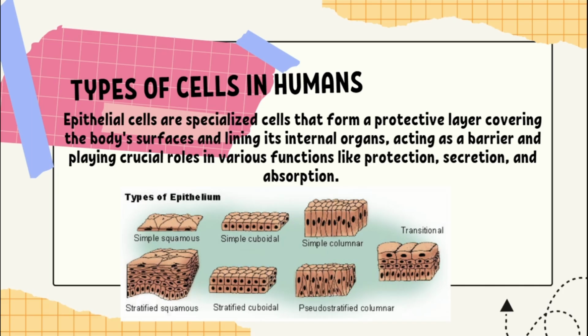Now, we're going to talk about these different types of cells. I mentioned some of them just now, like epithelial cells. We can find these epithelial cells in our skin, for example. They form protective layers, covering the body surfaces and lining internal organs, right? So most organs have an epithelium.